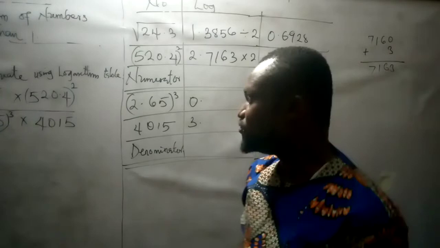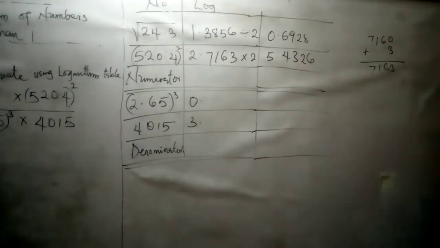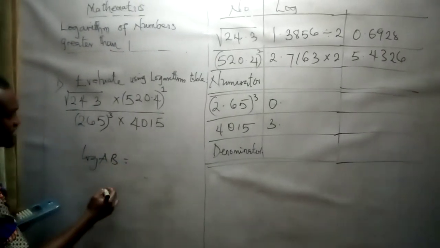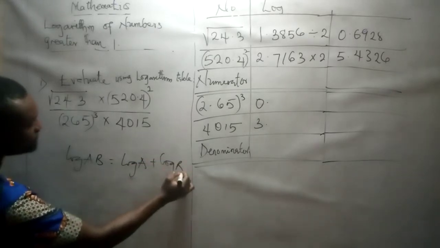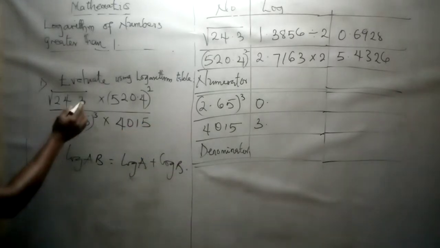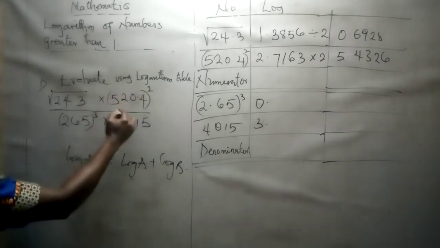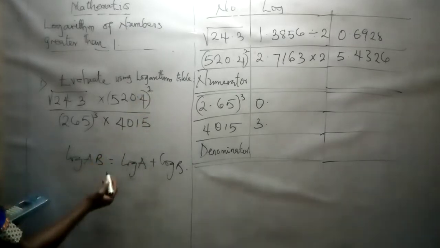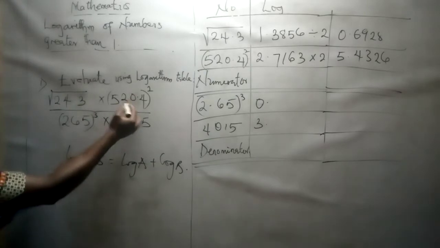Now, based on the theory of logarithm, if you are to obtain logarithm of A times B, it is the same thing as logarithm of A plus logarithm of B. So we now have the logarithm of square root of 24.3 times the logarithm of 520.4 squared. Because of that multiplication, we are taking this as A, while this one as B.